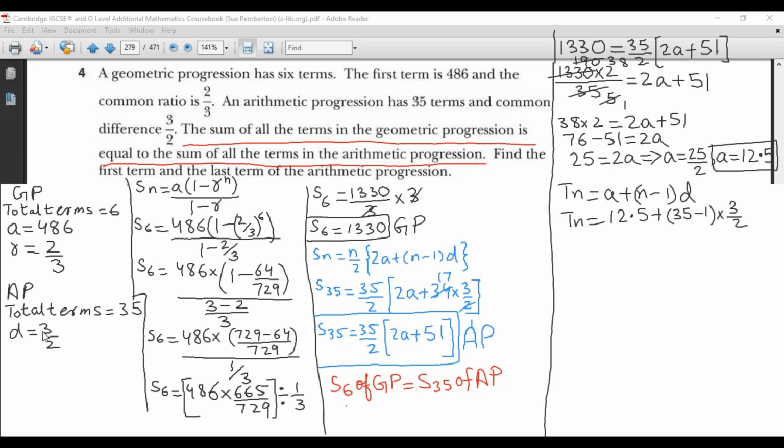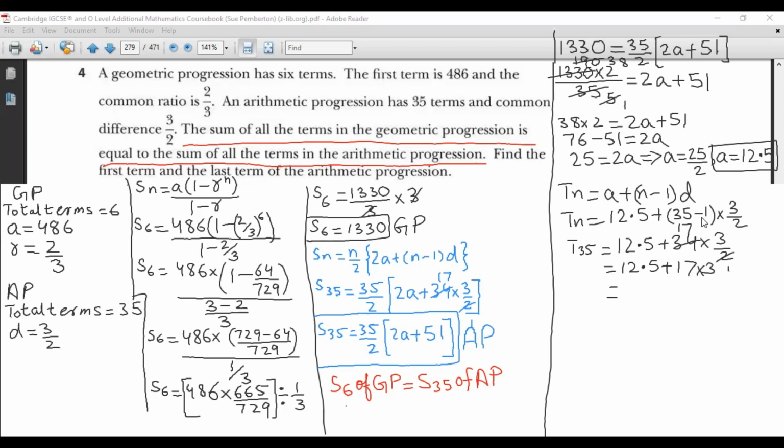So when I simplify it, Tn means we are talking about term 35. 12.5 plus (35 minus 1 will be 34) into 3 over 2. 12.5 plus 2 ones are 2, 2 into 17, so 17 into 3.